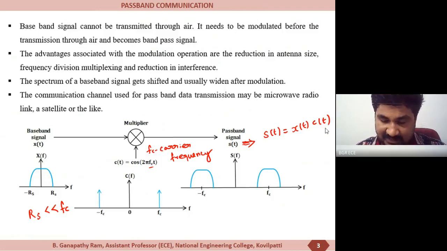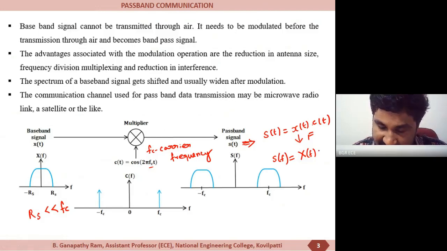So in frequency domain, if you take the Fourier transform of this expression, you will get S of f equal to X of f convolved with C of f, since multiplication in time domain is transformed into convolution in frequency domain.